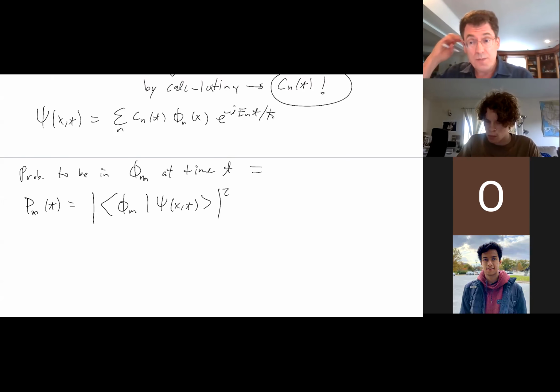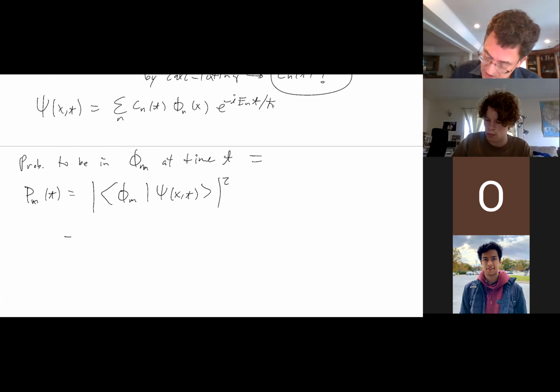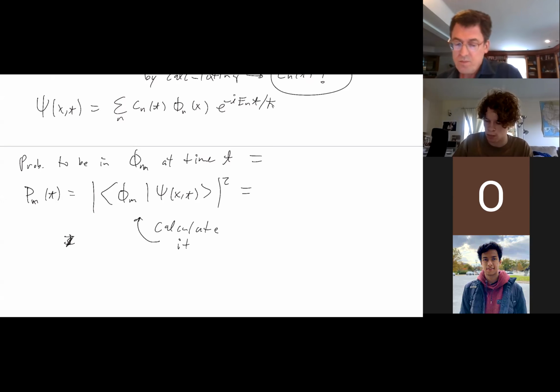That's the probability to be in state m at some time t. But what is that? If you calculate this, what do you get? You just get the C factor and the phase factor with the exponential.